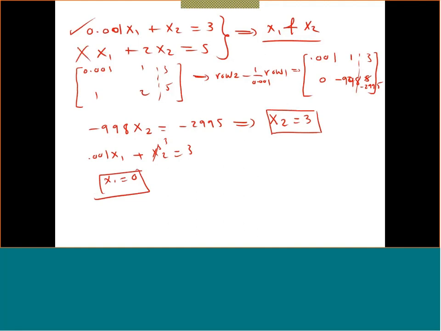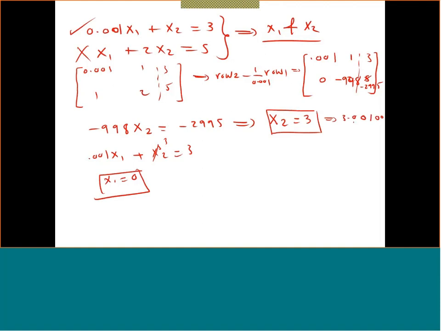So this is wrong. You will notice that, just a second, let me divide these two numbers to see exactly how much you will get. 2995 divided by 998, it's actually 3.00100 something.